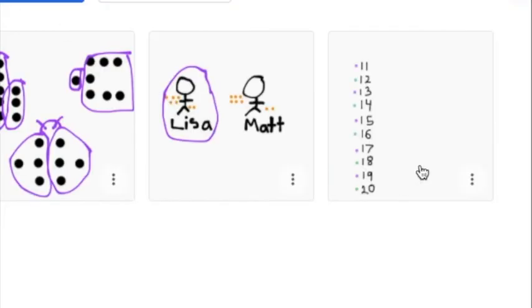Let's go back over here and let's count our numbers the way that we did yesterday. So I'm going to say purple will be the say 10 way, and green will be the other way. 10, 1, 11, 10, 3, 13, 10, 5, 15, 10, 7, 17, 10, 9, 19.